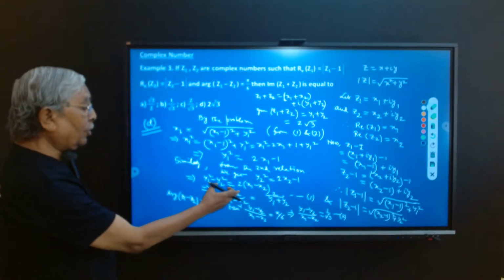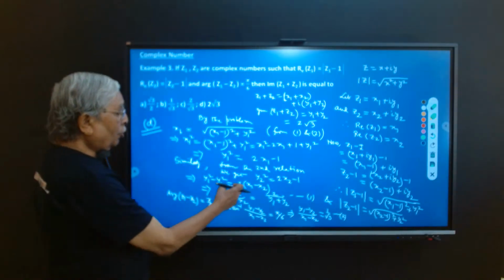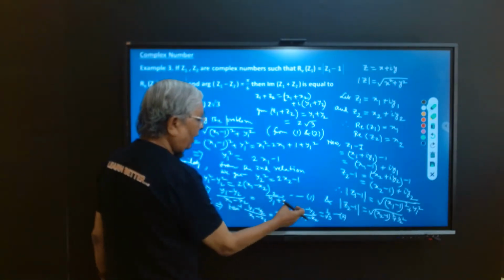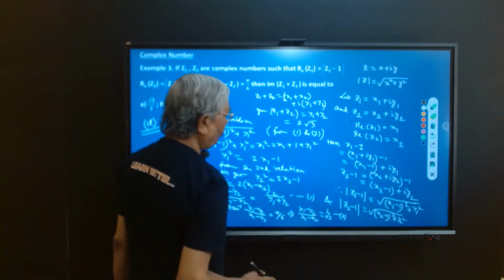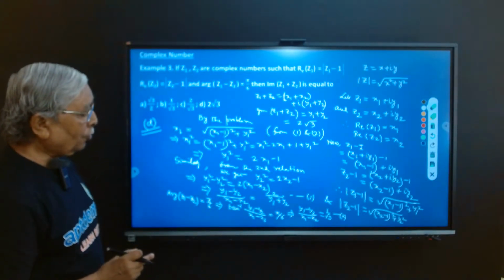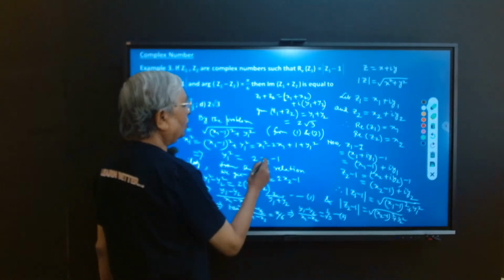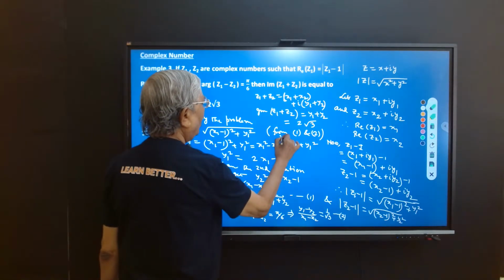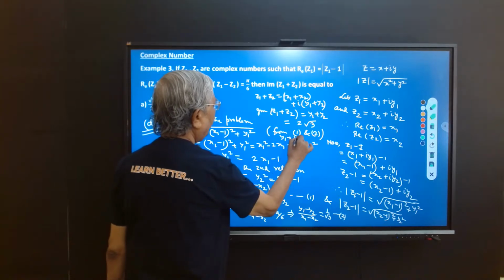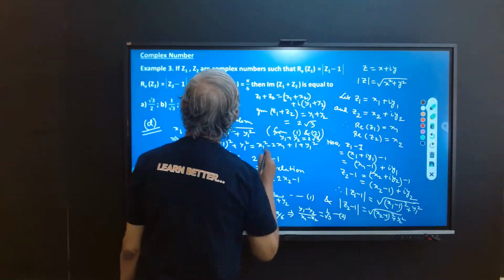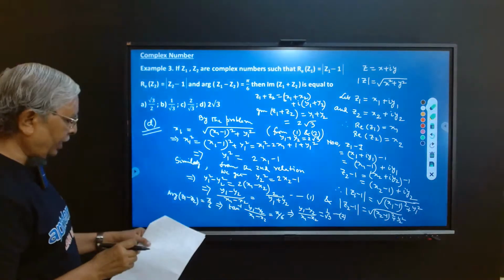Put this value in equation number 2: 2 by (y1 plus y2) is equal to 1 by root 3. So y1 plus y2 is equal to 2 root 3. So the correct option is D.